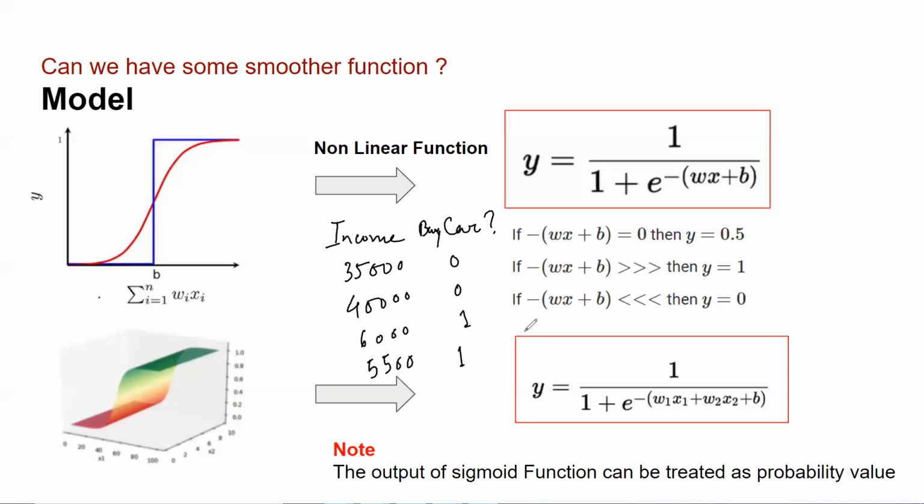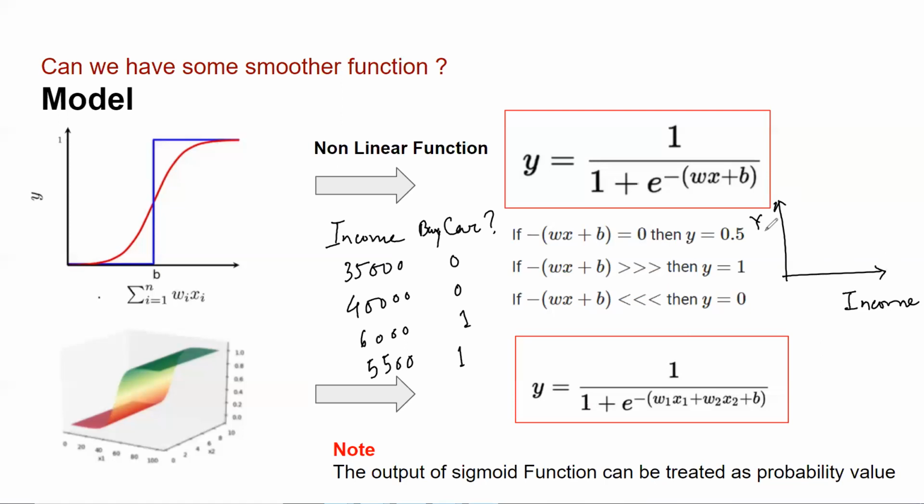Now, if you have to plot this data in the XY plane, how can I plot this? I'll put my income on the x-axis, and my y-axis will have whether the person can buy a car or not.